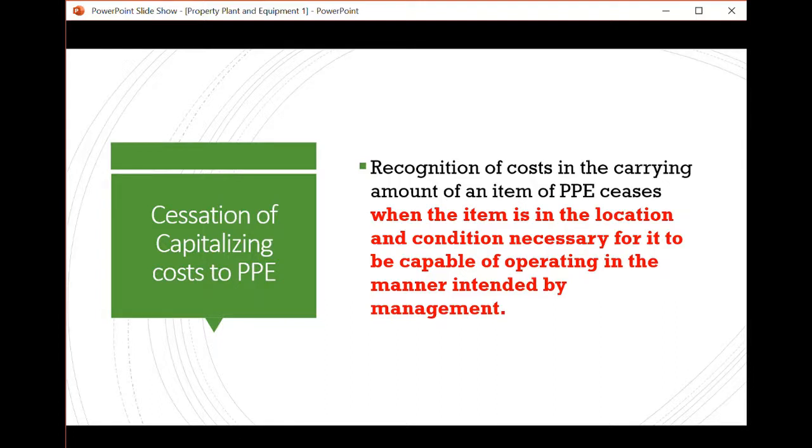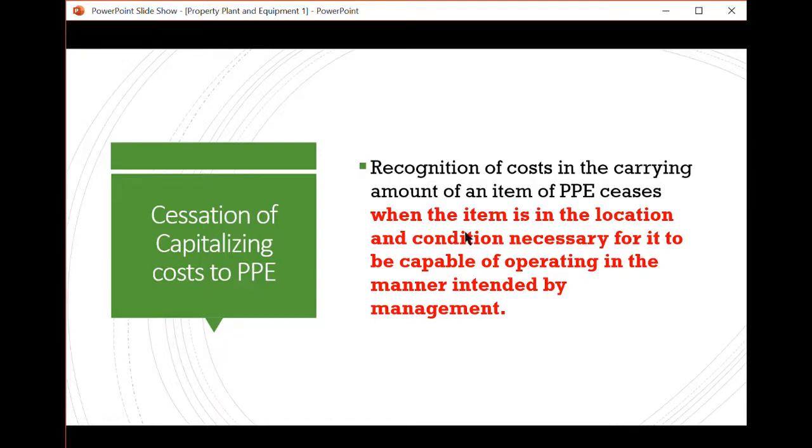So prior to the completion or prior to the occupation of that property or building, it qualifies as capitalizable cost. But after the building is finished or occupied, or the property is already being used, other expenses or costs, usually they are expensed when incurred. That is after it is completed. But prior to that, they can be capitalized.